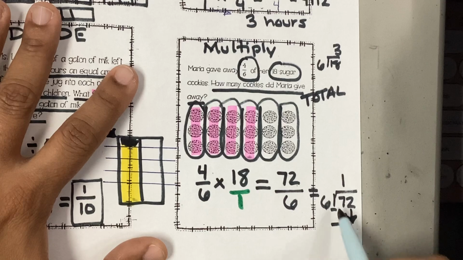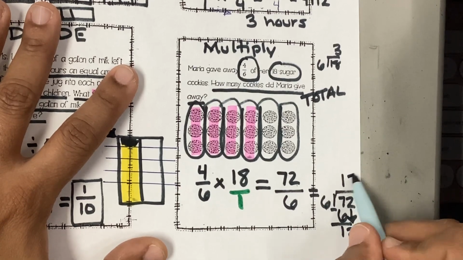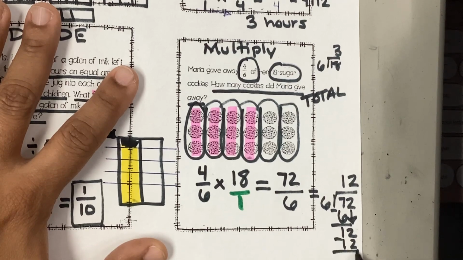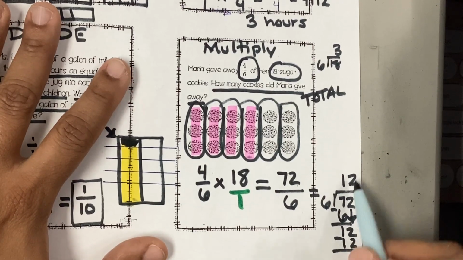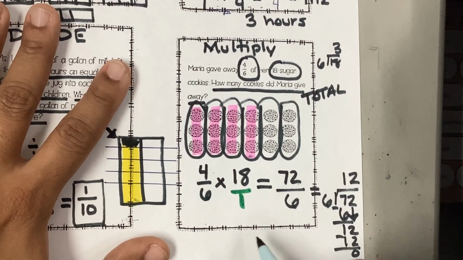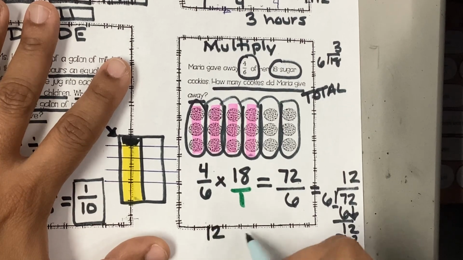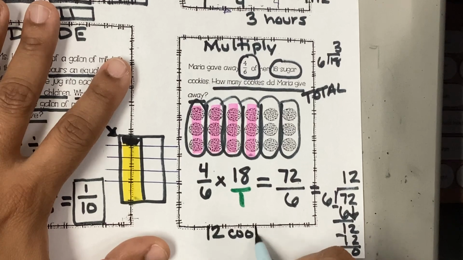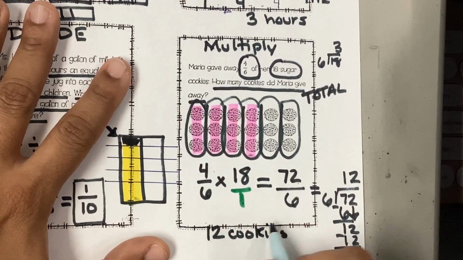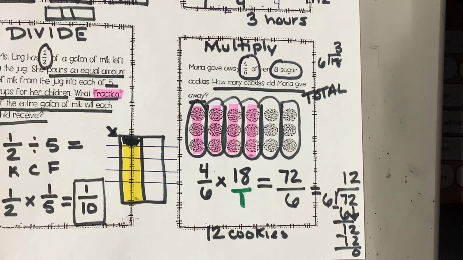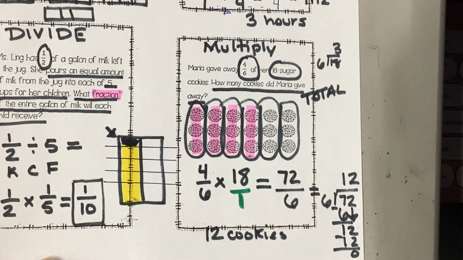I have 12 cookies and I want to make groups of 6. I can make 2 groups. 6 times 2 is 12 equally. There's none left over. And the answer to this is 12 cookies, which is exactly how many we counted. So that's how you can model and prove it by doing your computation, your algorithm.